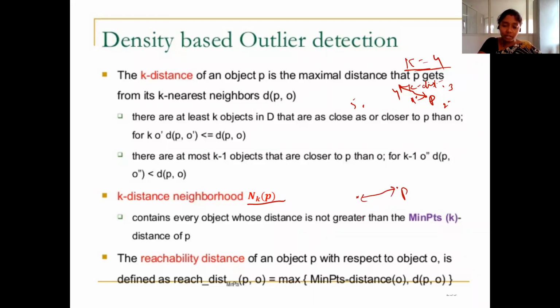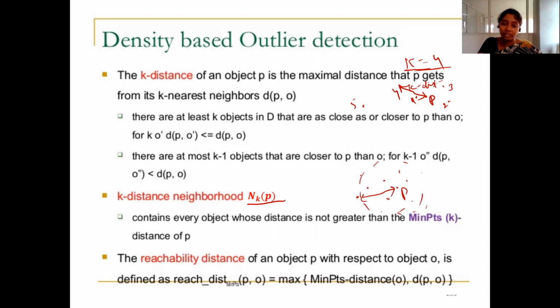Here it considers every object whose distance is not greater than the k distance. So all these objects fall under this neighborhood. The neighborhood formed with this k distance is referred to as the k distance neighborhood.